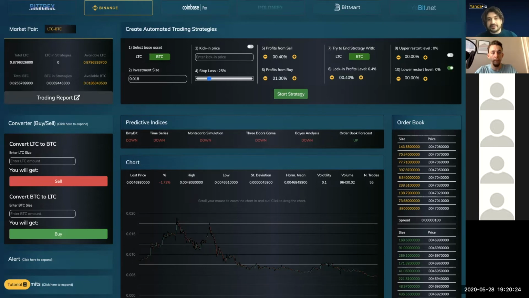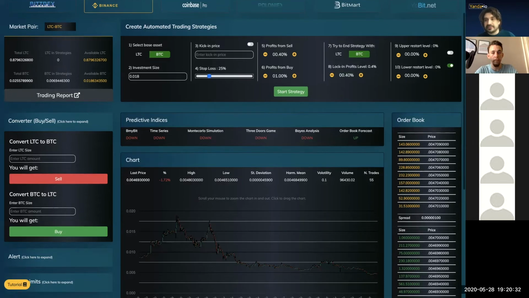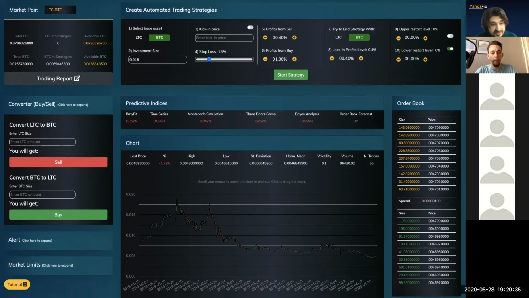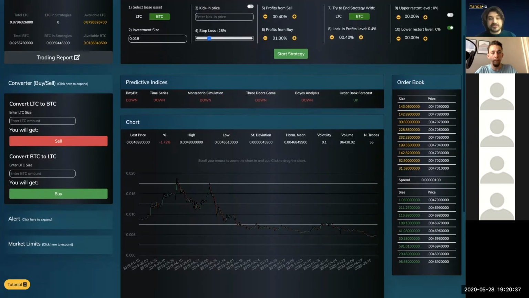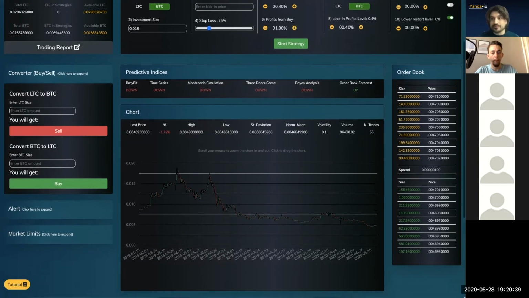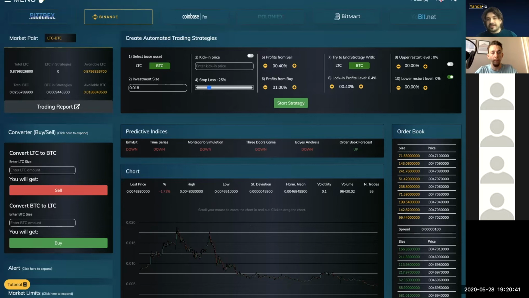So let's say that the price goes down, I buy my Litecoin and I score a profit of 1% on the purchase I made of Litecoin. And then the price keeps going down. I miss opportunities, technically. So what I would do, if I want to get on the longer term, is put a lower restart level.